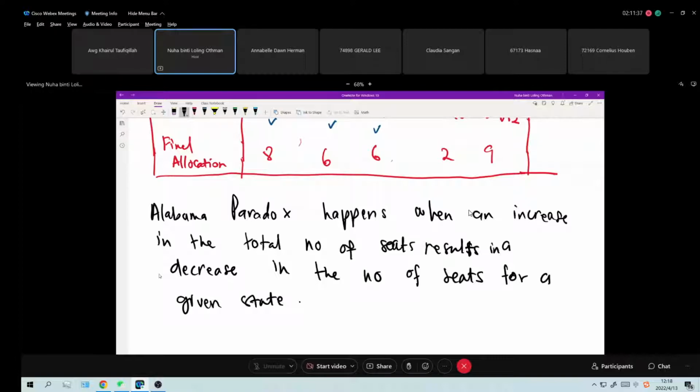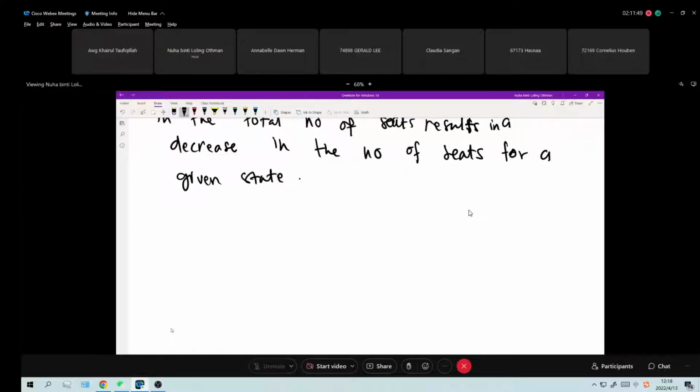Next is another example, which is here. As I already mentioned to you, the quota rules violation. When you read the slides, you know there are quota rules.